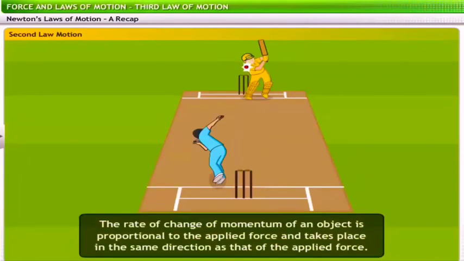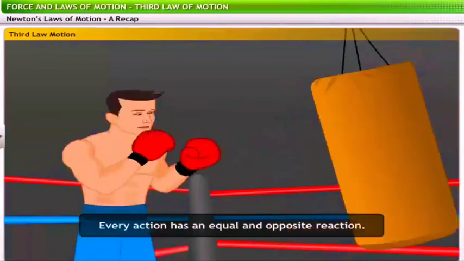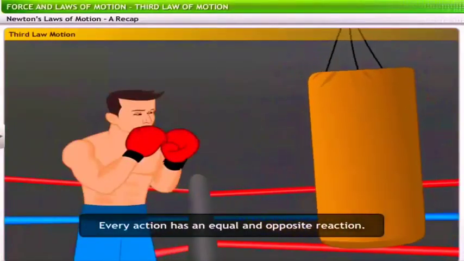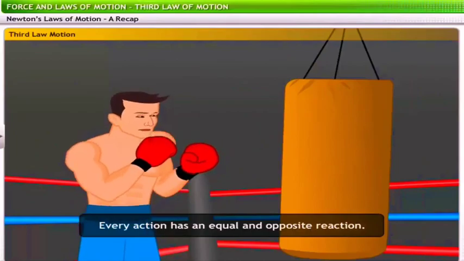The second law states that the rate of change of momentum of an object is proportional to the applied force and takes place in the same direction as that of the applied force. Newton's second law of motion gives the measurement of force. The third law states that every action has an equal and opposite reaction.